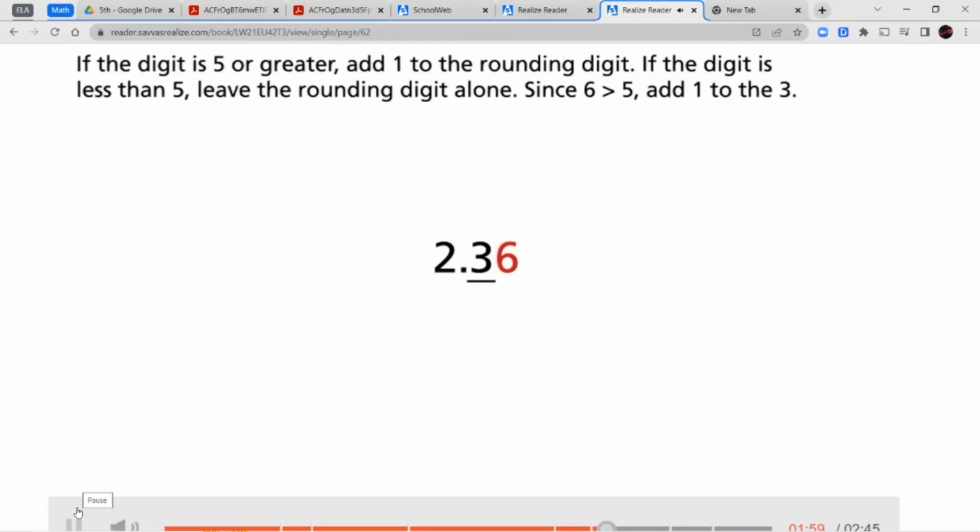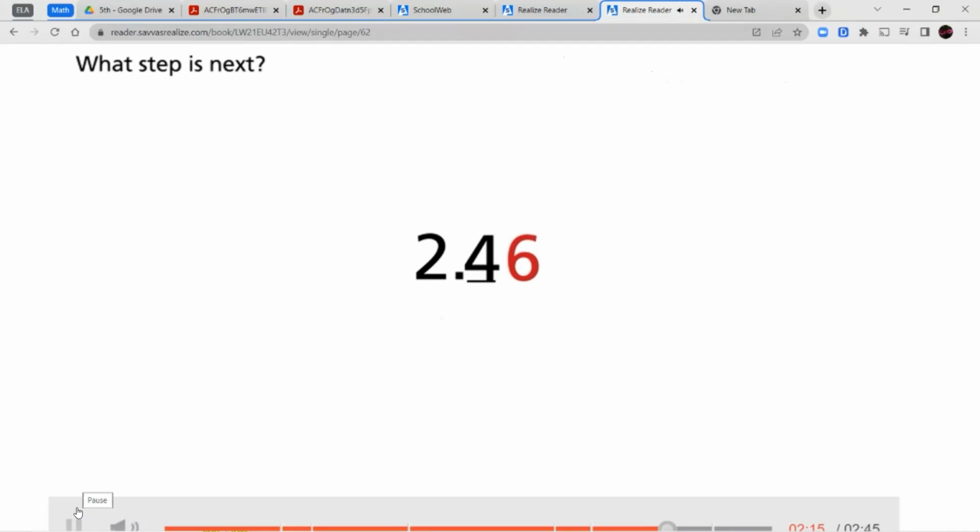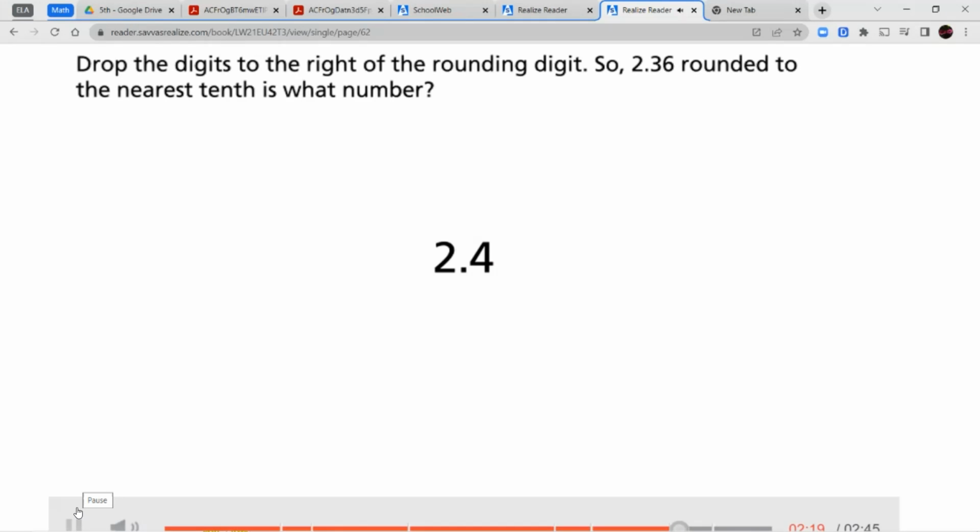If the digit is 5 or greater, add 1 to the rounding digit. If the digit is less than 5, leave the rounding digit alone. Since 6 is greater than 5, add 1 to the 3. What step is next? Drop the digits to the right of the rounding digit.